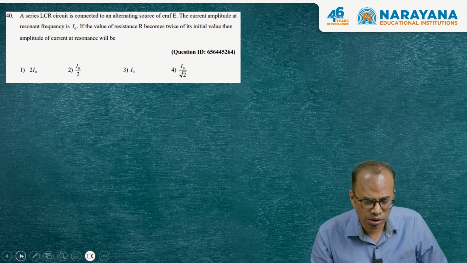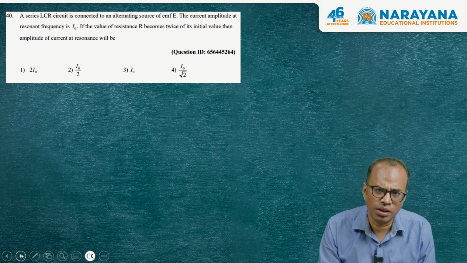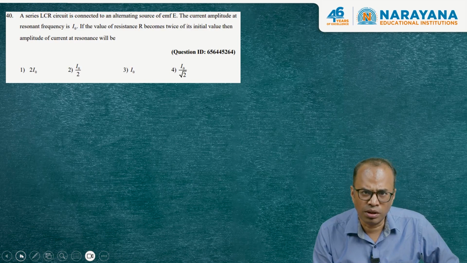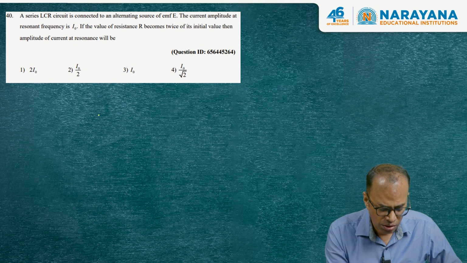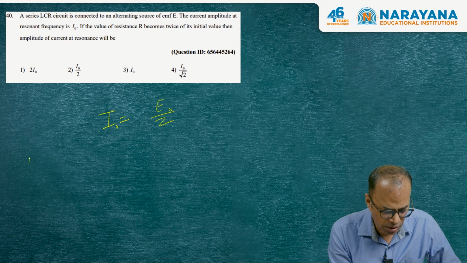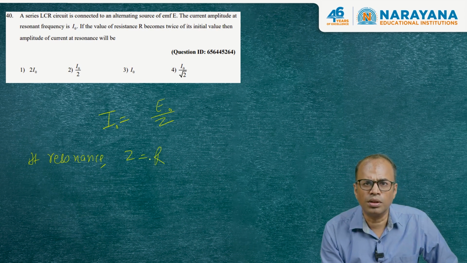Like this question, this is a question in which you can actually save time. It talks about an LCR circuit. It is saying that at resonance the current is I naught, and if we double the resistance, what happens to the current? Now a very simple point to remember is, in general current is E by Z, so I naught will be E naught by Z. At resonance, Z is nothing but simply the resistance.